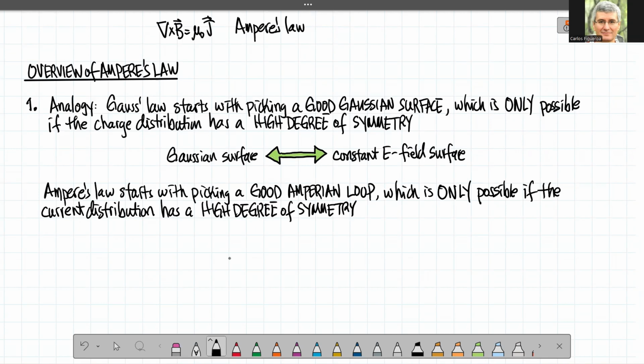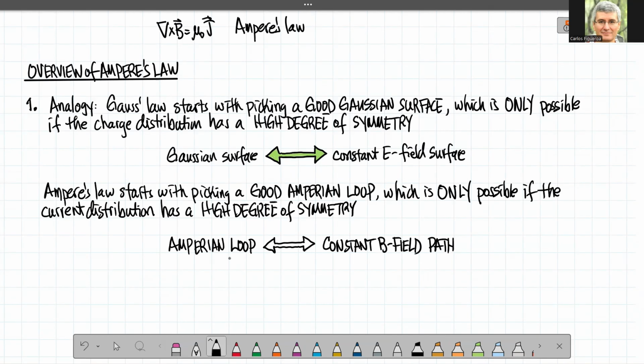So in other words, if I have an Amperian loop, that is equivalent to stating that that is a constant B field path.